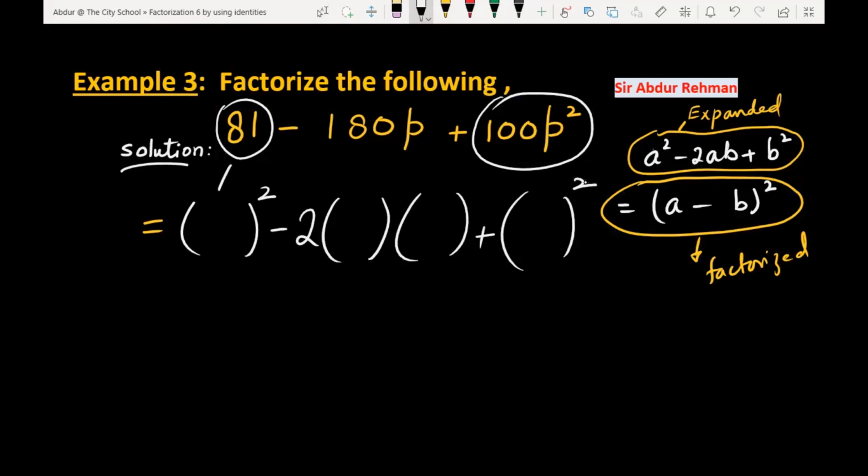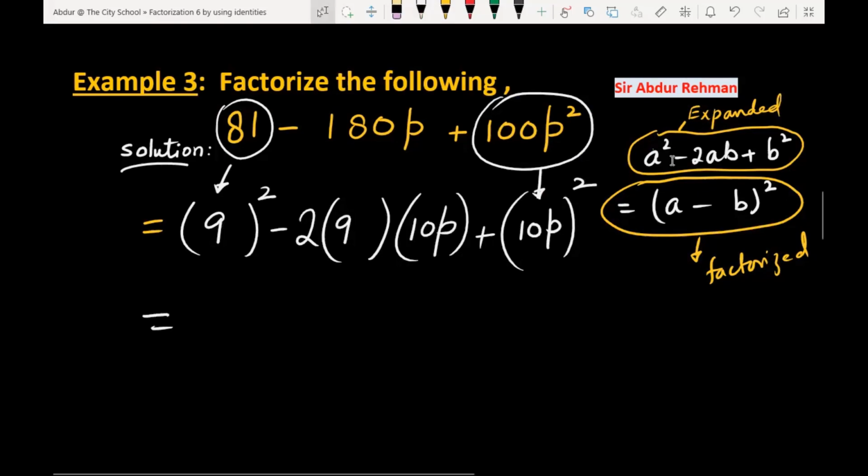Now, by putting the first term, a is 9, and the last term, b is 10p. Recall a square minus 2ab plus b square is equal to (a minus b) whole square.